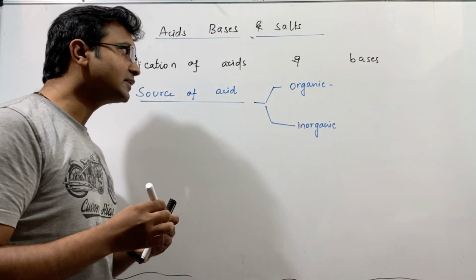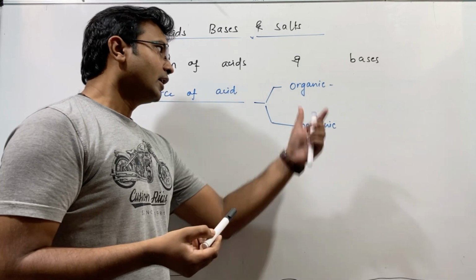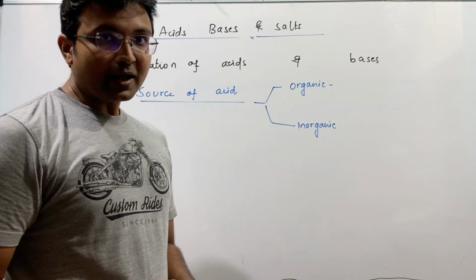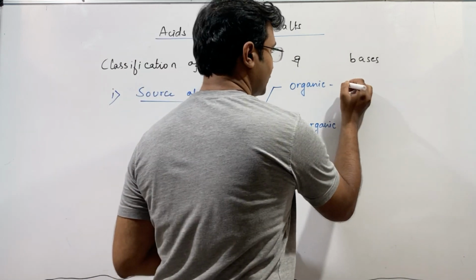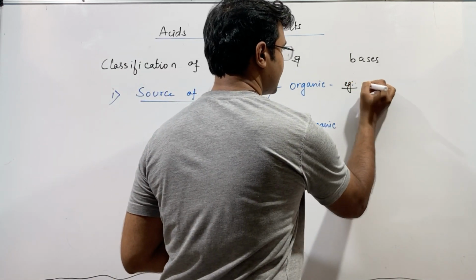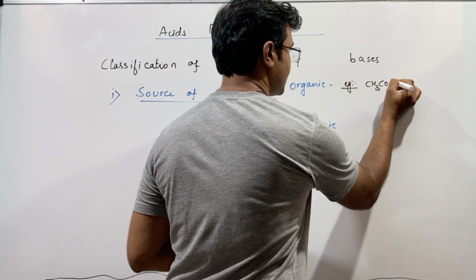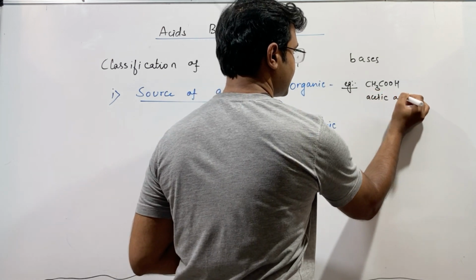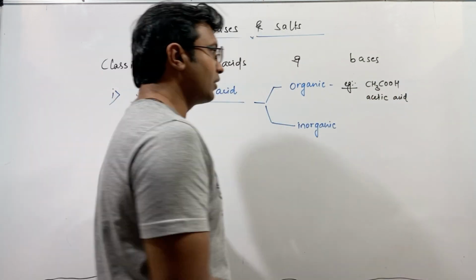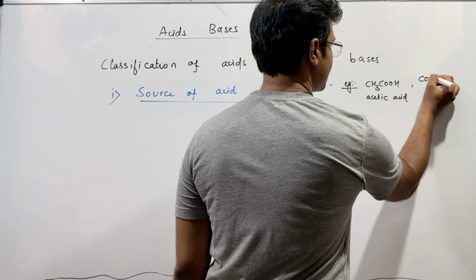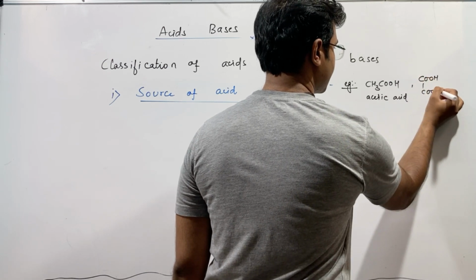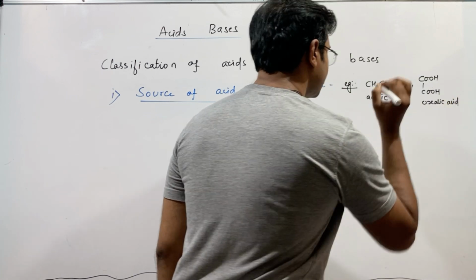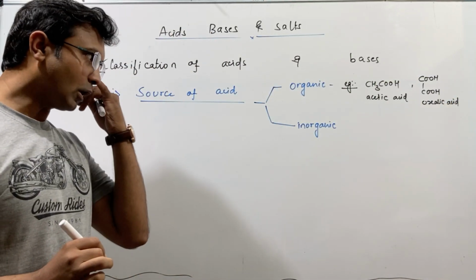The organic acids are the acids that are contained by the organic compounds, that is the compound containing carbon and its covalent bond. So for example, organic acids are CH3COOH, acetic acid. Acetic acid is an example of organic acid. Even oxalic acid, COOH, this is oxalic acid. This is an example of organic acid.